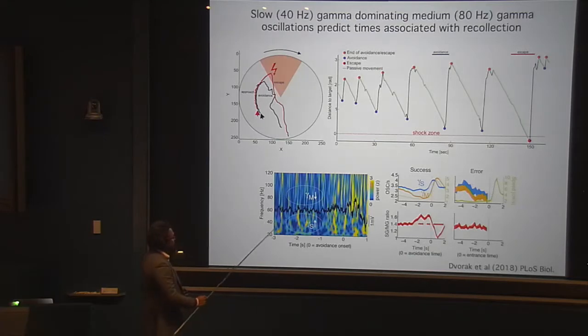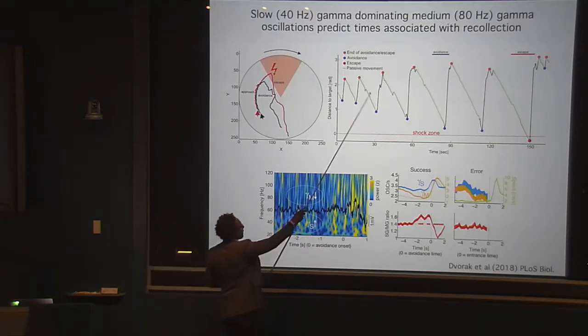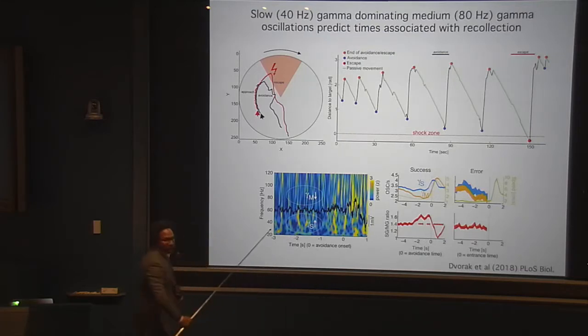So we can record the local field potential in the pyramidal cell layer of the hippocampus of those CA1 cells that were place cells. And what's shown here in this time frequency plot, where the hotter the color is the strength of the oscillation at a particular frequency, you can see that at time 0, which is when the animal is going to run away, for a couple of seconds before that, there's not that much of this medium frequency gamma in the 70, 80 hertz range.